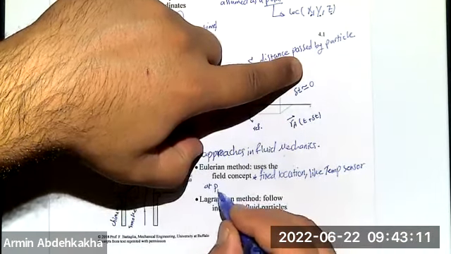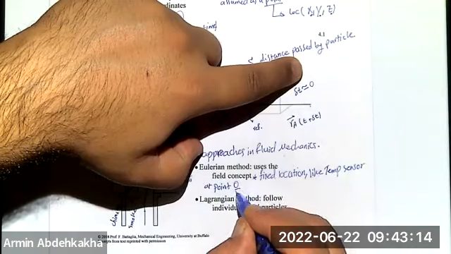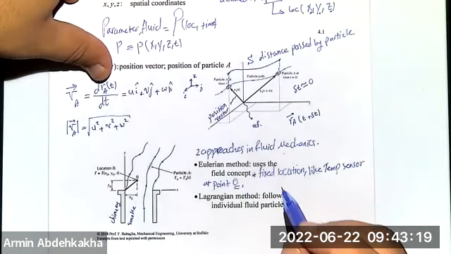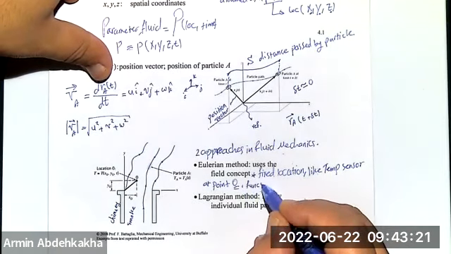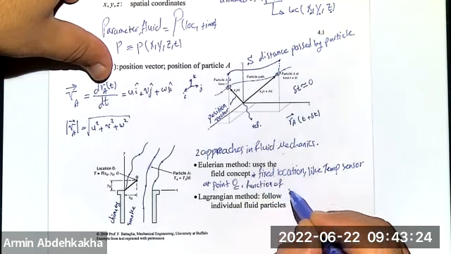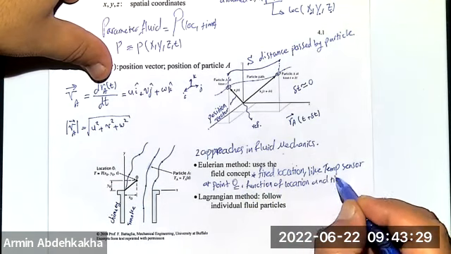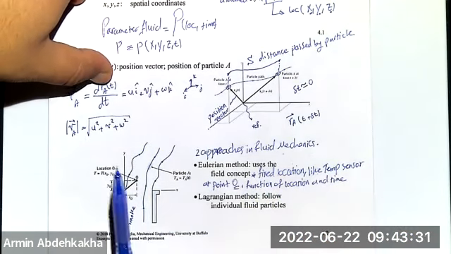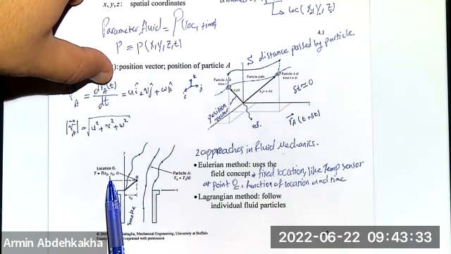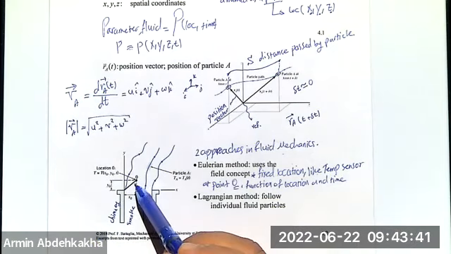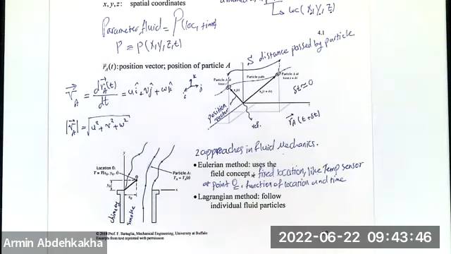At point O, a function of location and time. Again, it is at a specific location, but you're talking about the whole domain, right? So if you want to find the temperature only at point O, X and Y are constant.